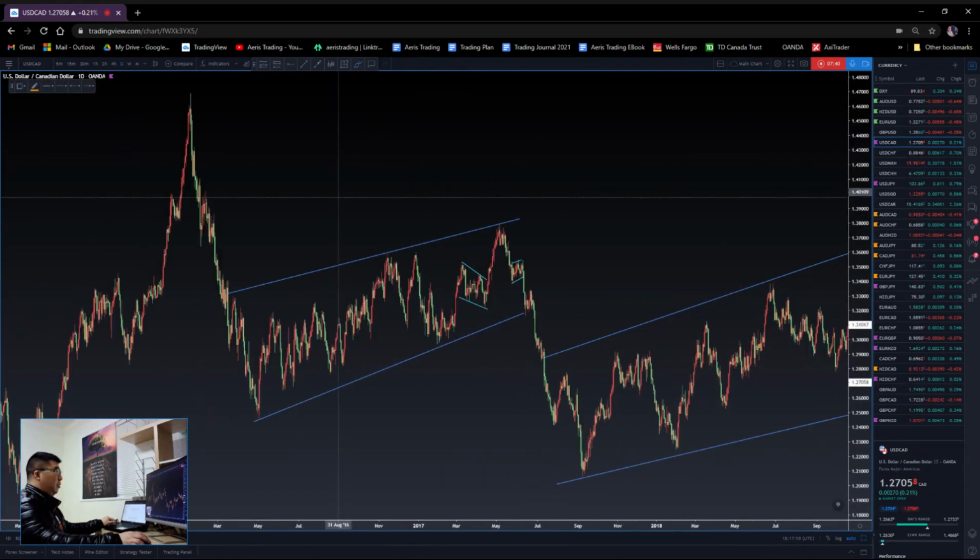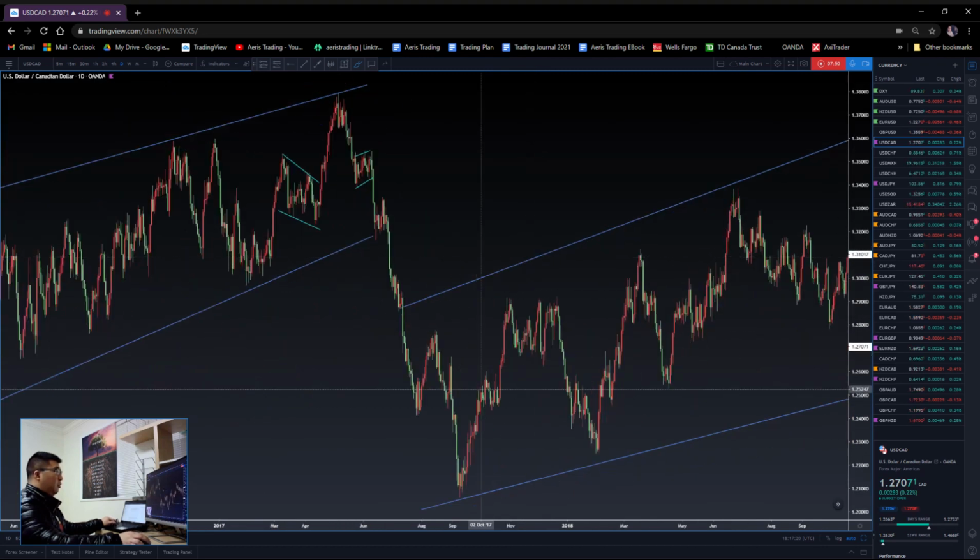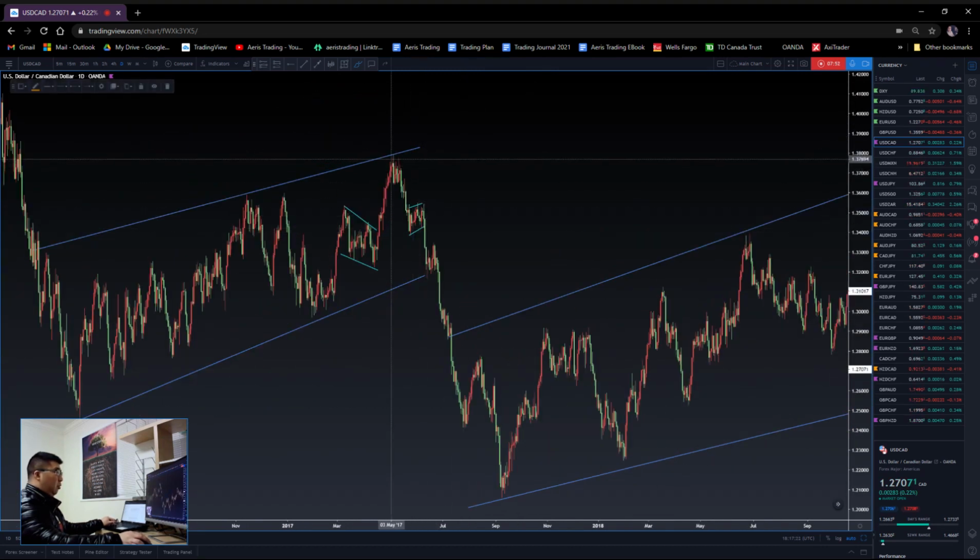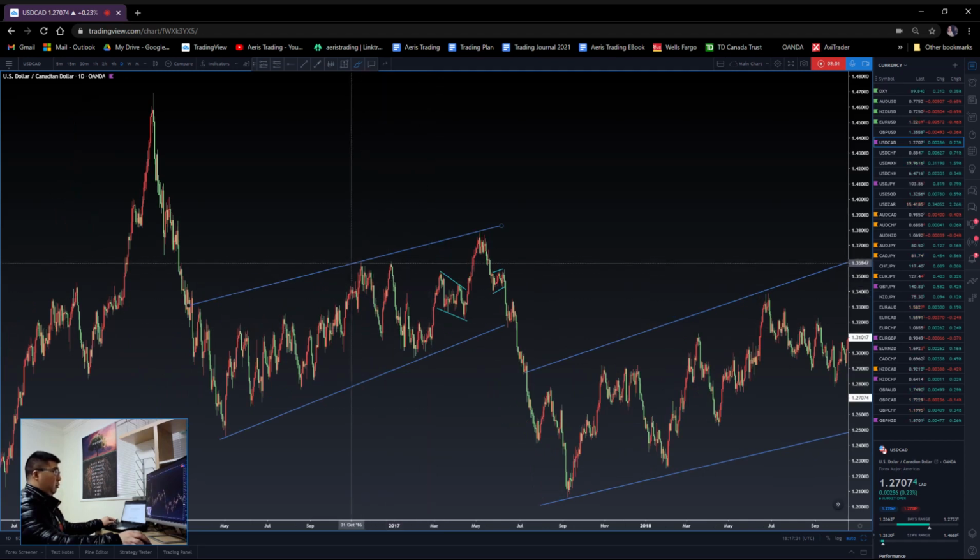When you look deeper into what the structure is doing, we have this impulse down, we had a period of consolidation, and when the price is about to finish this bearish flag on a higher time frame, the lower time frame gives you that clarity, right? We see this lower time frame impulse down and a lower time frame bearish continuation flag. So this is why multi-time frame analysis works so well: you have a bias from the higher time frame, you see this impulse, you see this correction in the making, so you have a bias for the sell.